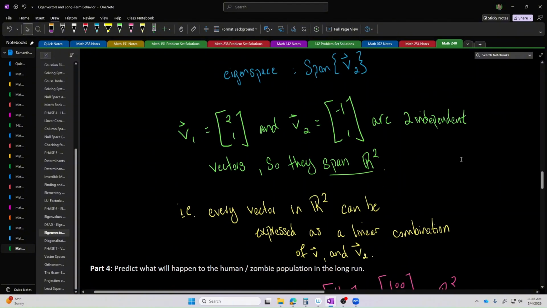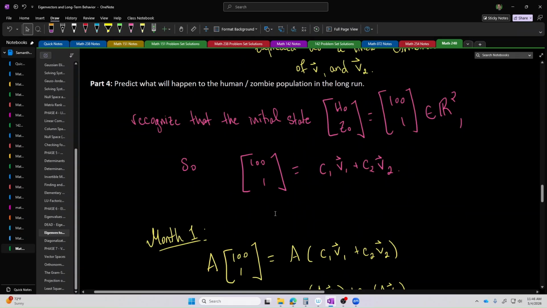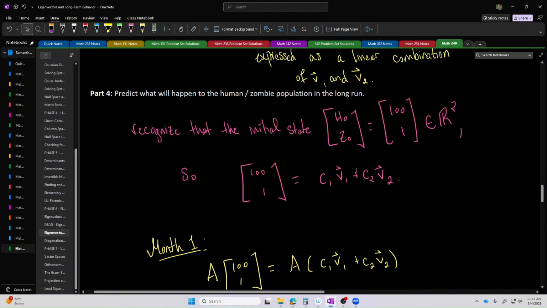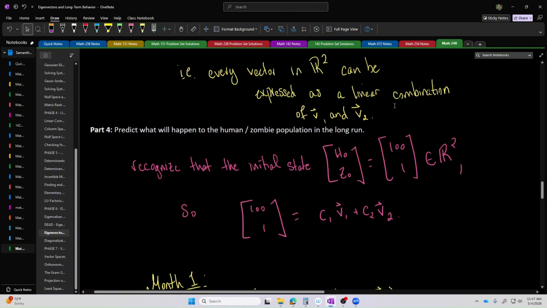We noticed that the eigenvectors of this matrix span two-dimensional space. So in particular, our initial state, our two-dimensional vector that told us how many humans and how many zombies we initially had, could be expressed as a combination of the eigenvectors v1 and v2.